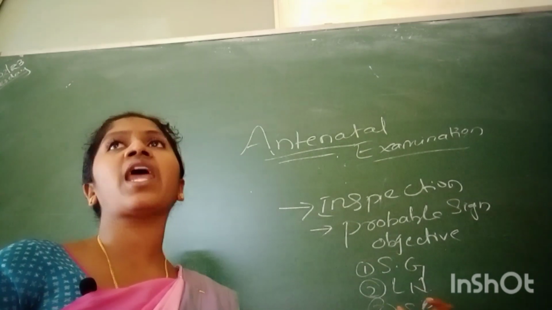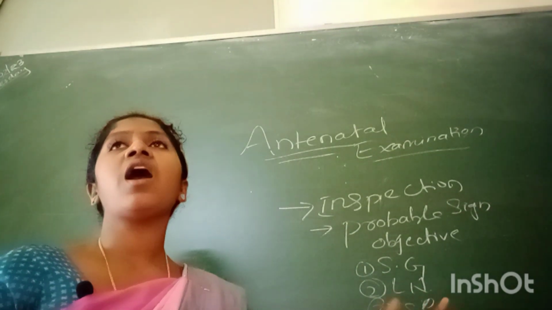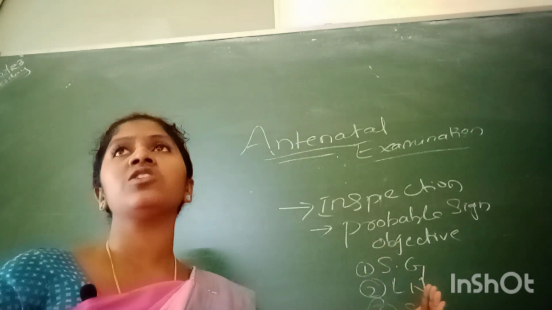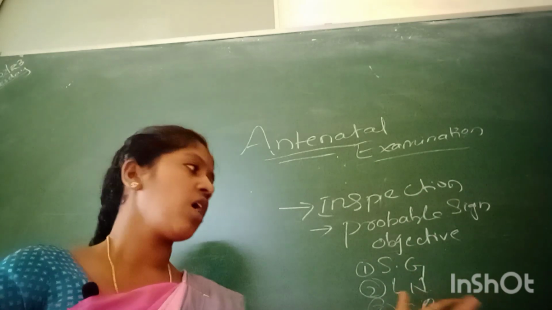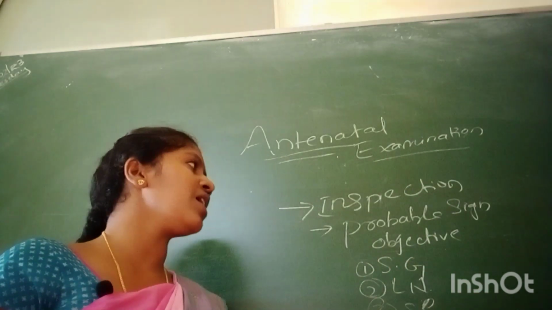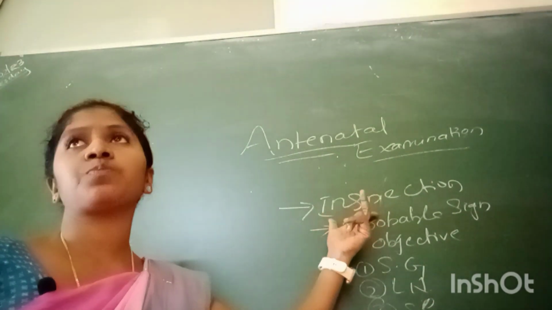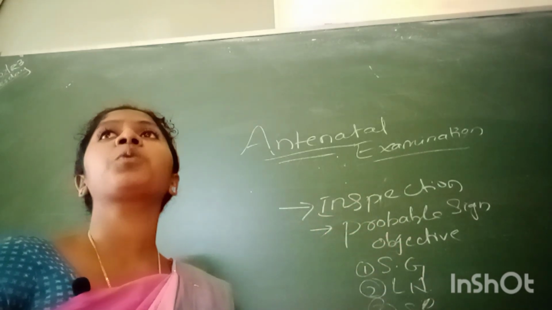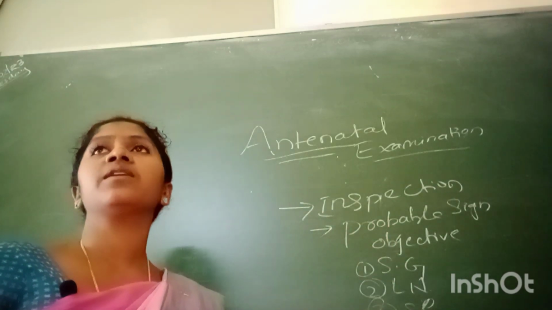And any skin rashes, in case the mother is allergic to some medications or some foods, or even if there are no allergies, there is a chance of having skin rashes in general. We have to check all these probable signs or objective signs of pregnancy in the inspection aspect.